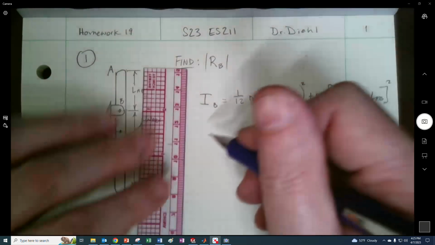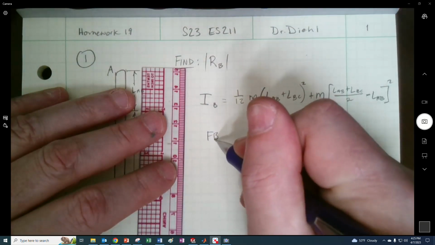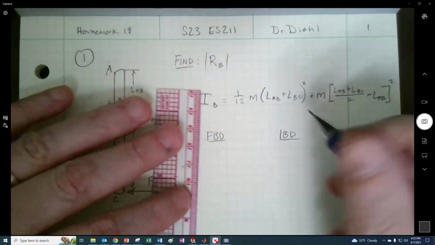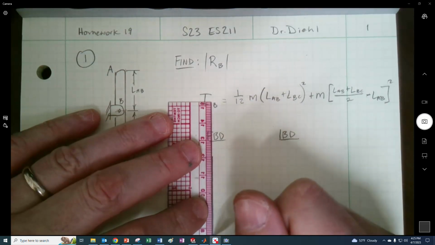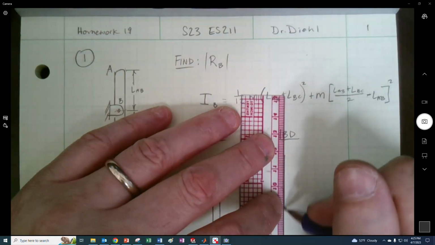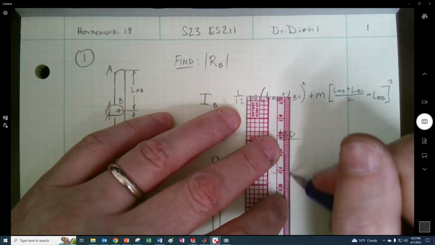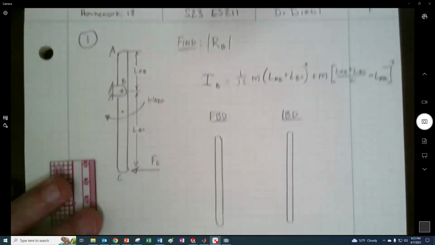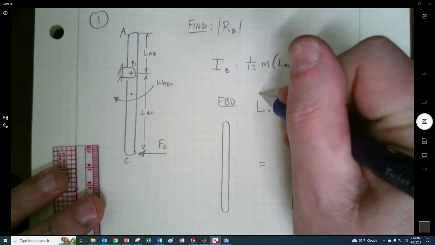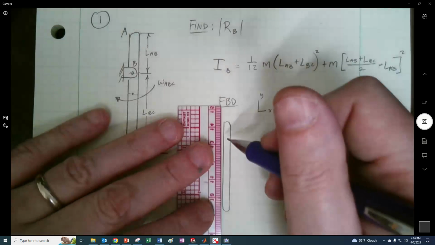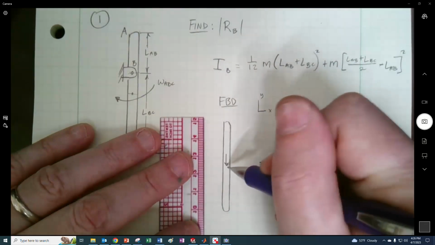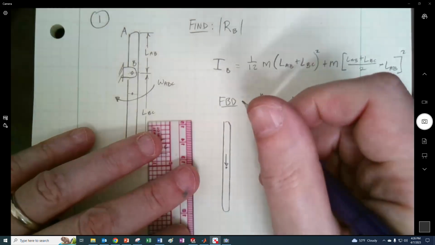Let's draw the FBD and the IBD. Drawing this thing carefully and thoroughly is a really important part of solving these problems. Helps you think your way through. Here's our coordinate system. All right, let's take a look at our forces. We have our weight acting at the center, more or less.